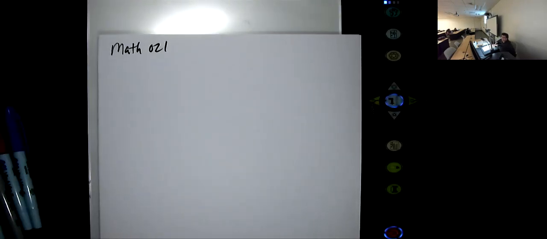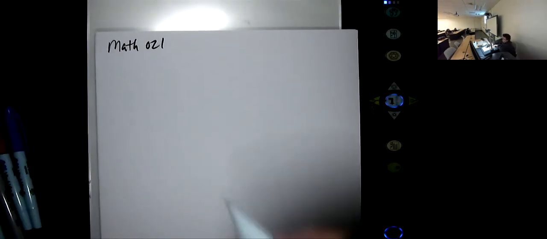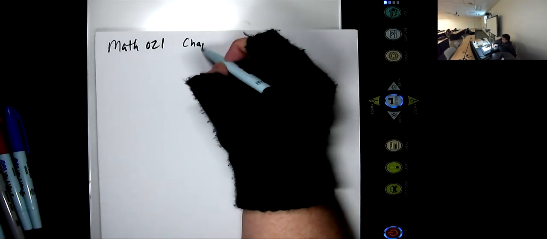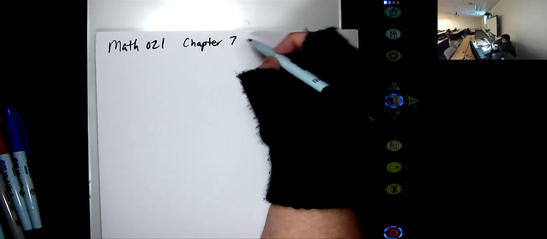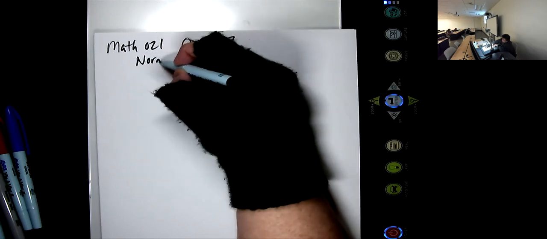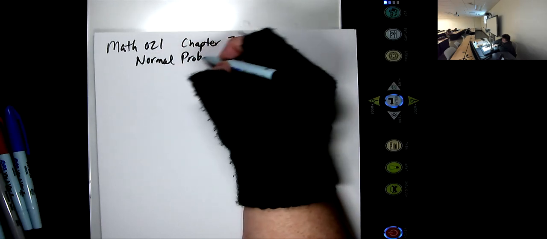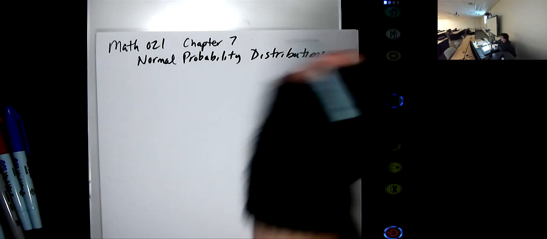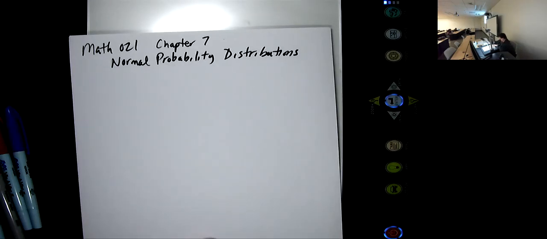There we go. Bam. So chapter 7 is on normal probability distributions. And pretty much this is our go-to for the rest of the semester.